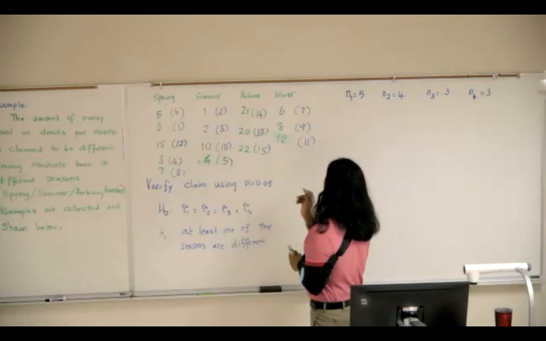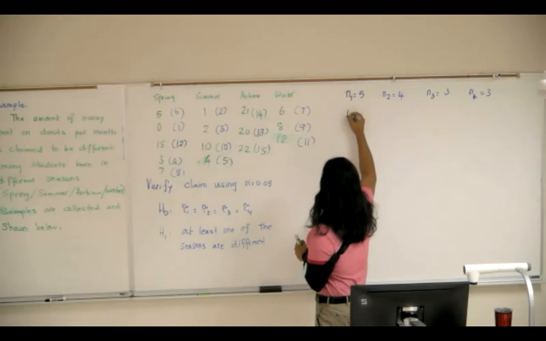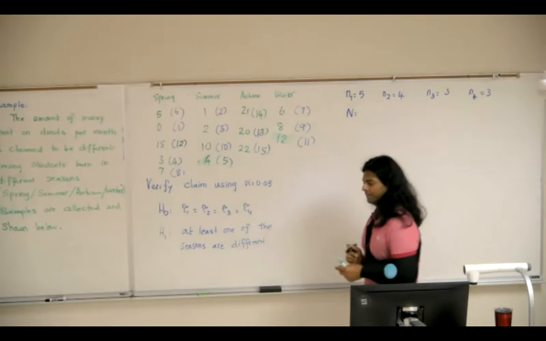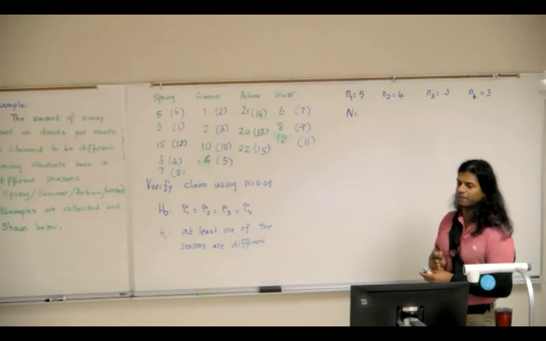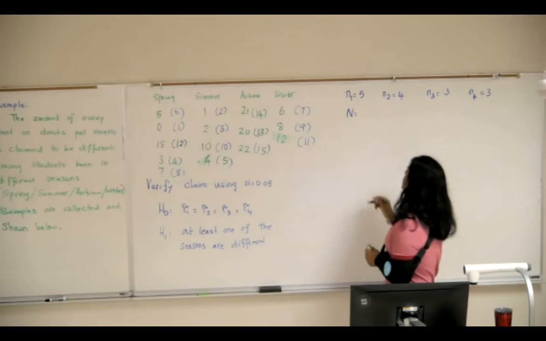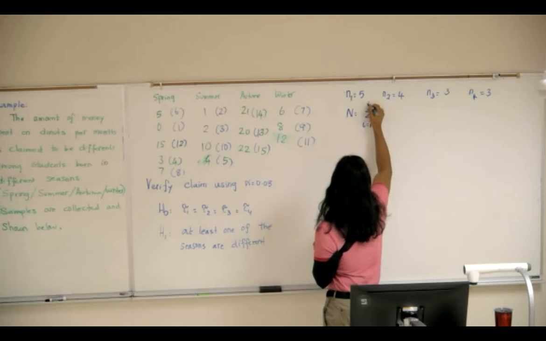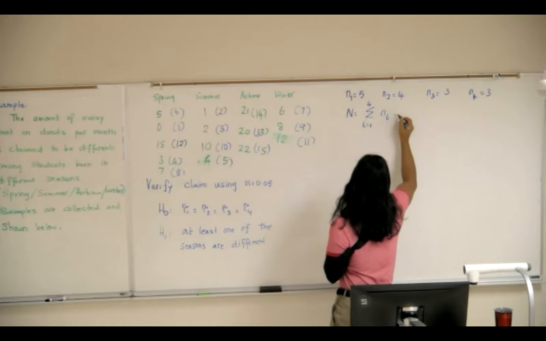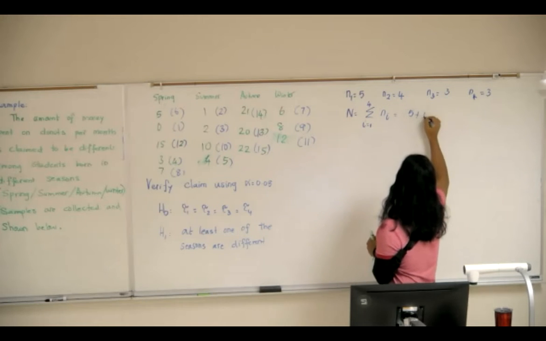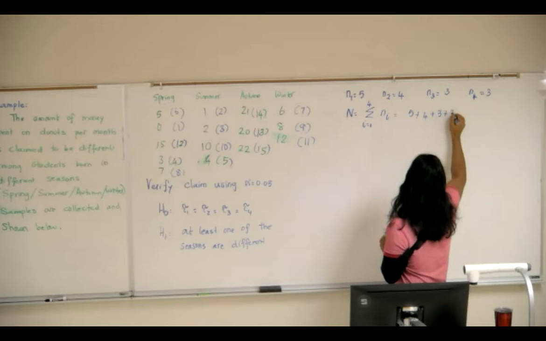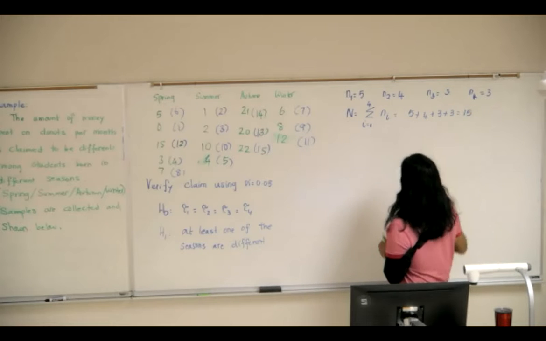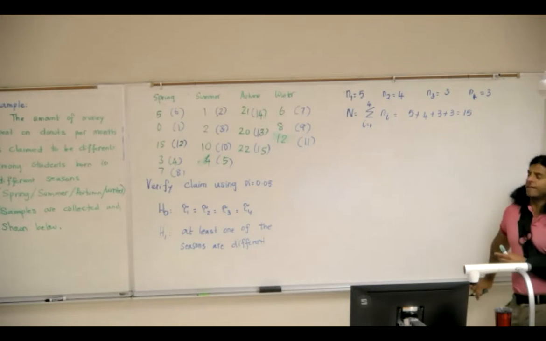Population goes the same. From last time, uppercase N is simply the sum of all the individual sample sizes. That will give us 15.